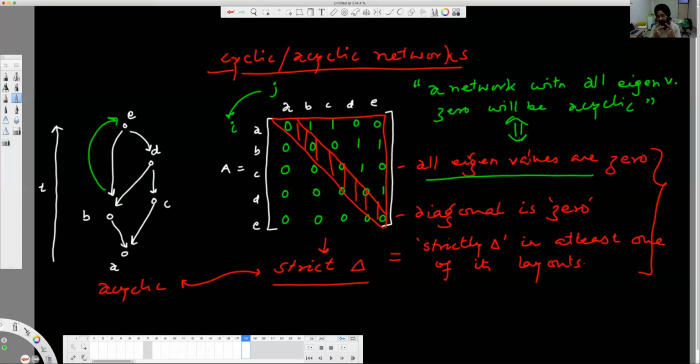Counting those cycles in the form of eigenvalues will give you the answer. So we need to find how we can count the number of loops in a network in the matrix notation, and then come down to the eigenvalues. If some of those eigenvalues are non-zero, then it is cyclic; if all are 0, then it is acyclic. That will require some derivation, and we will see it tomorrow or the day after.